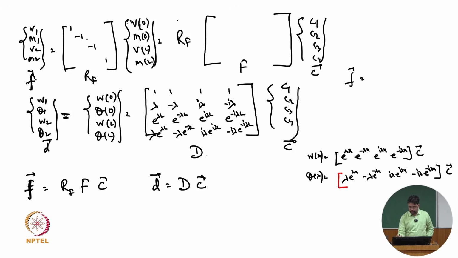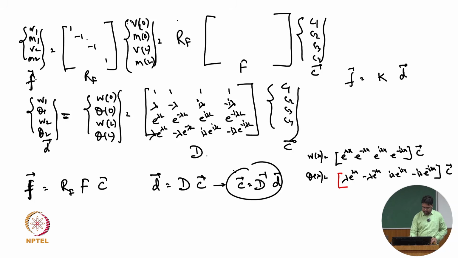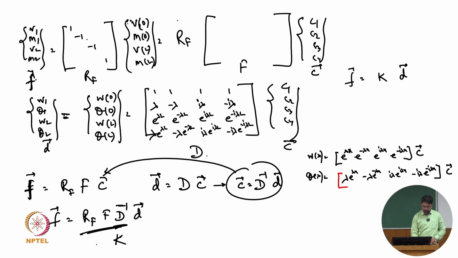My target is to get F equal to K into d. That's my objective, and that C is unwanted. So I can write c as D inverse times small d, and substitute that full thing here. So I can get that, which is nothing but my K matrix.